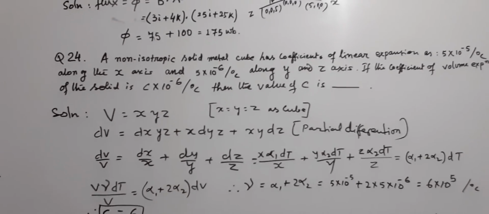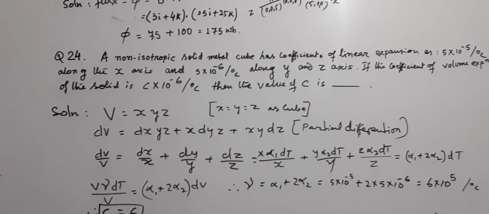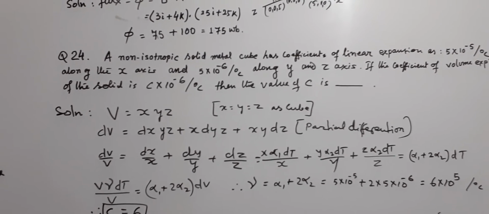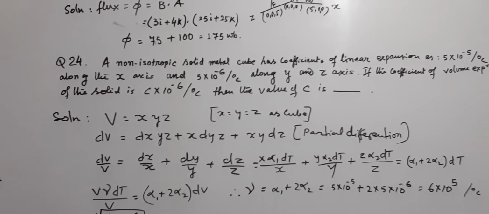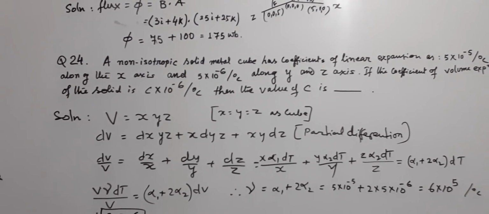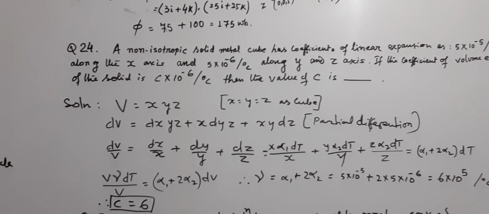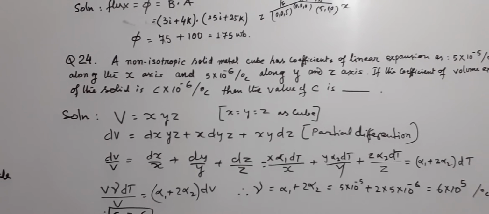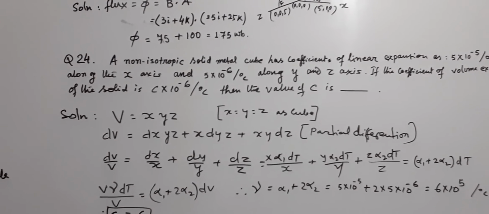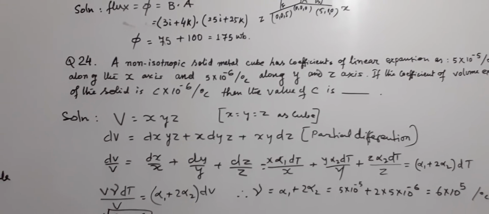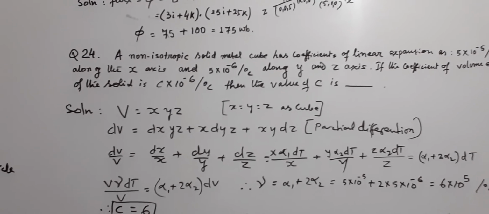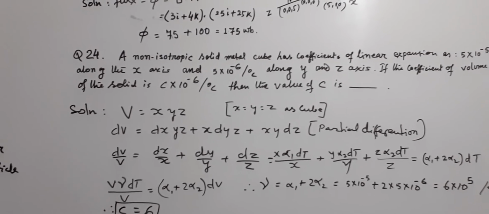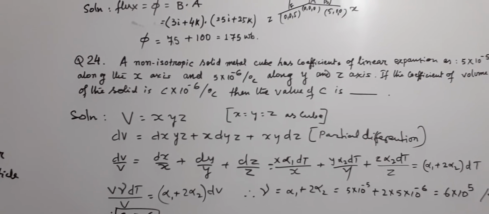Now, as you know, the volume we can write as x y z. Here it is a cube with y and z expansions equal. Now we can take a partial differentiation of this, that is dV equal to dx yz plus x dy z plus xy dz, and dividing by the original volume, delta V by V will come, which is dx by x plus dy by y plus dz by z.